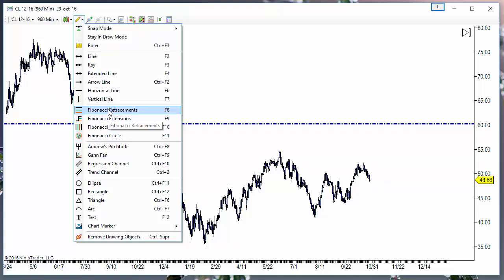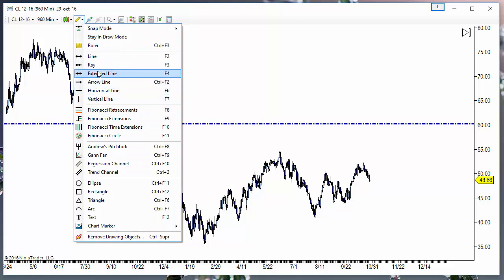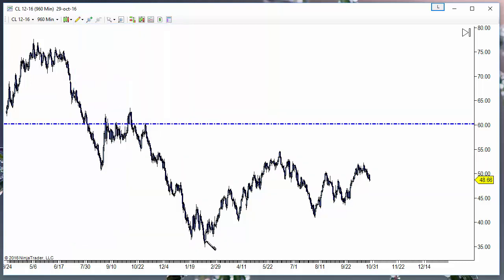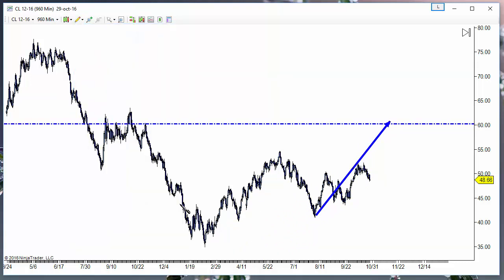Another tool are the extensions. When we have a wave in progress like this move, then we can calculate the projection of the next wave using extensions. For that we use these tools.